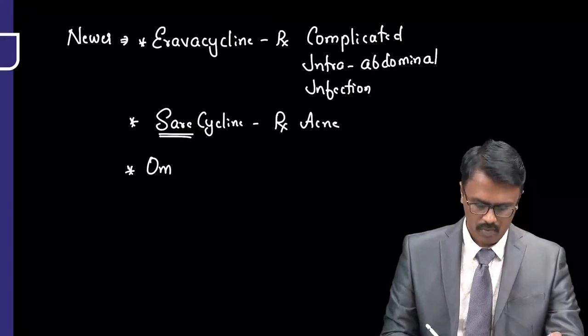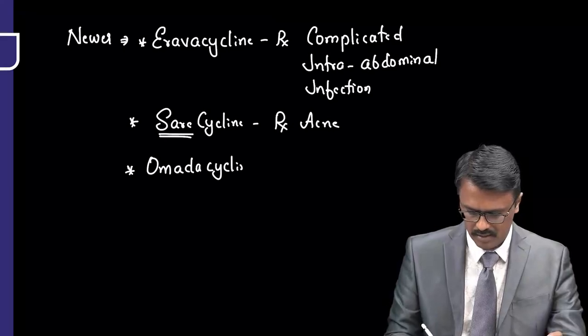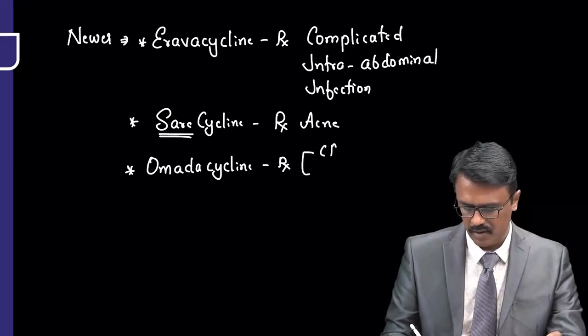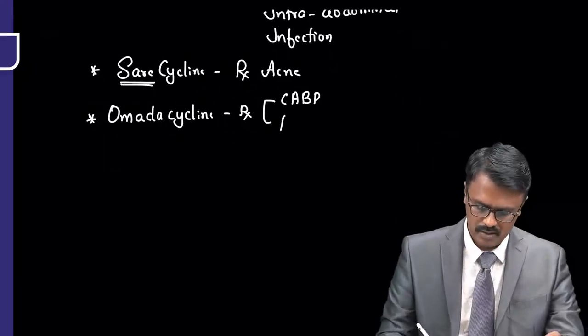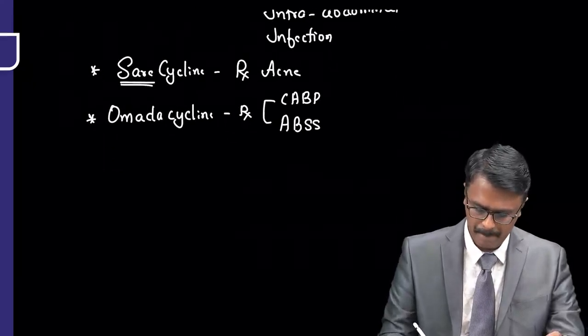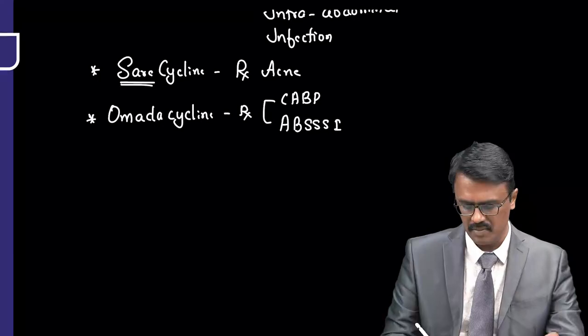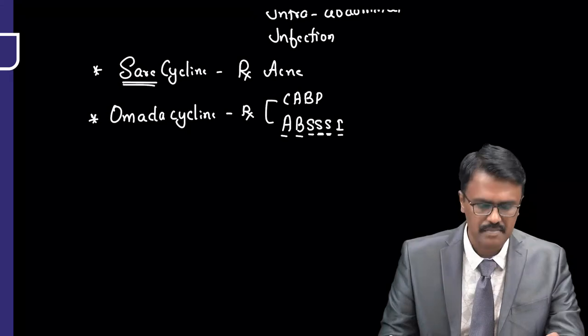Then we have omadacycline. The name is omadacycline, and that is used for community-acquired bacterial pneumonia, and also it is used in ABSSSI. What is that ABSSSI? It is nothing but acute bacterial skin and skin structure infection.